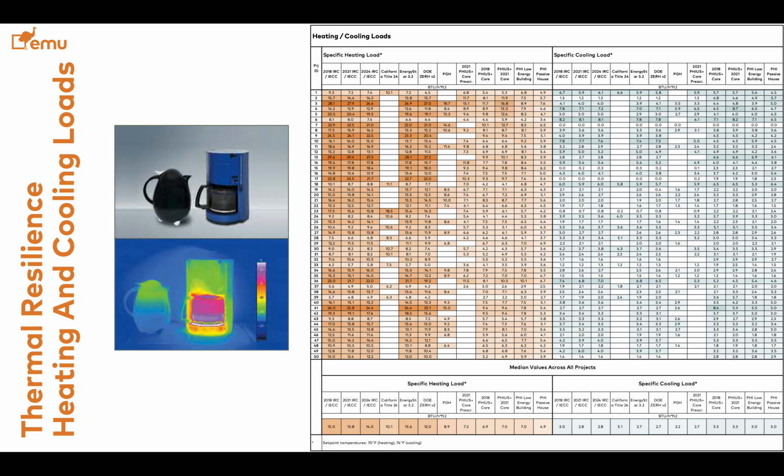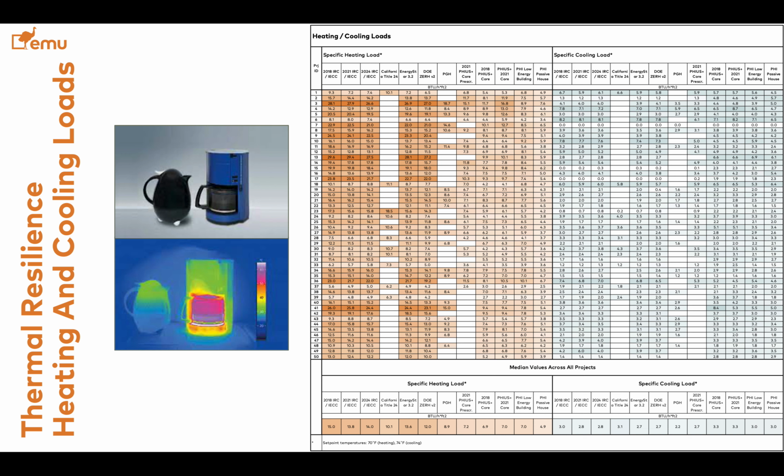The two pictures here, the photo and the infrared camera image, come from IPHA, the International Passive House Association, and they explain pretty well the concept of passive house in turning the building into a thermos. A thermos is so air sealed and insulated that it stays warm or cold for a long period of time without adding energy, whereas the coffee mug needs to be constantly heated in order to remain comfortable.